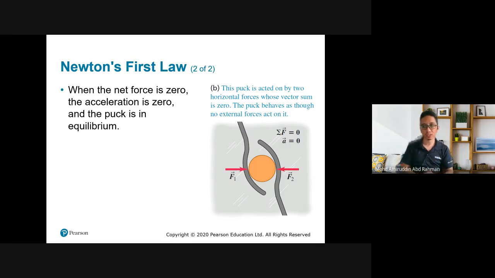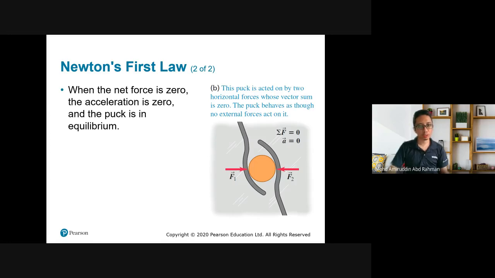Let's say player 1 gives the higher force towards the positive acceleration, and player 2 gives a lesser force towards the negative acceleration. Of course the puck will move to the right. So that's the concept of Newton's first law.